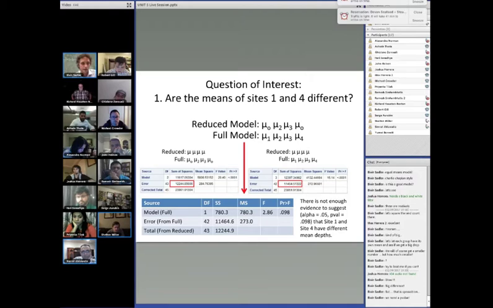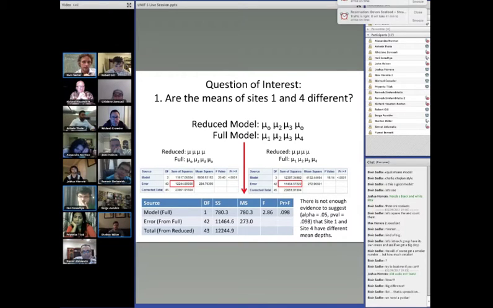It would suggest that by letting group 1 have its own mean and group 4 have its own mean, you're explaining a significant amount of variance. And so by letting them have their own means, that's evidence that they should have their own means. If, however, I force their means to be the same in this model, then that is saying that there's no reason that they should have different means. It didn't explain a significant amount.